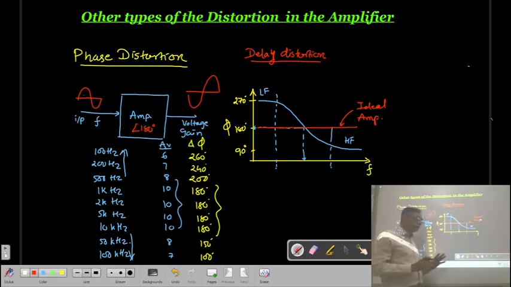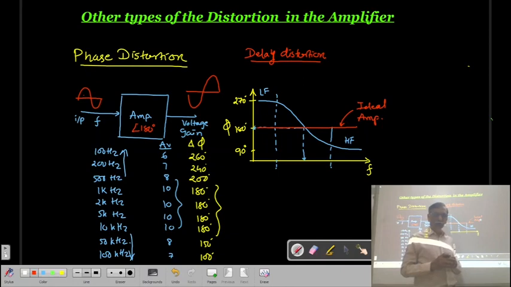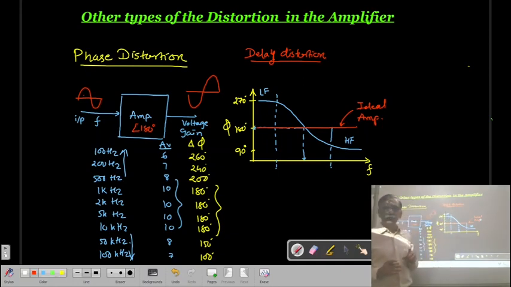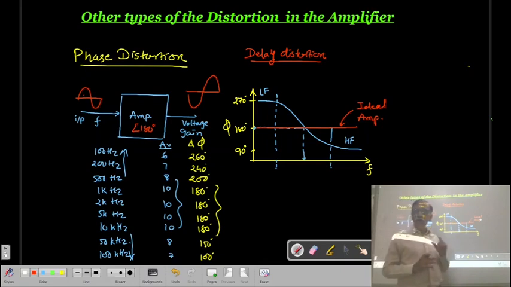Normally, this phase distortion is not important if we have an audio amplifier, because our ear is not able to detect the delay. Our ear is not able to detect the phase of the signal.